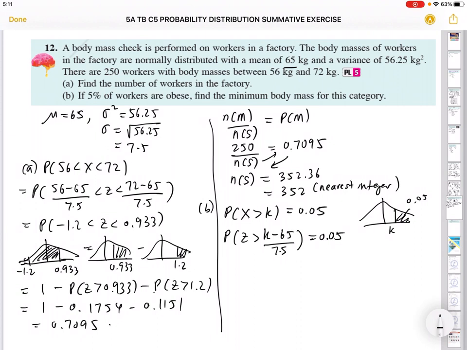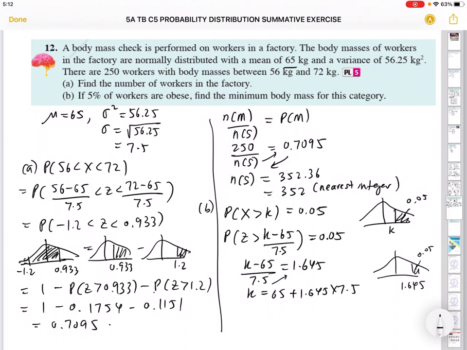So K minus 65 over 7.5 is 1.645. So calculate, times it over, plus 65, or you can write this down if you want. So my K value is 77.3375. I will just round off correct to 4 significant figures. Sorry, it's 77.34 kg. Okay.